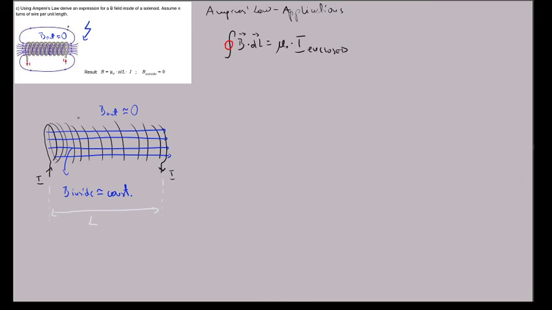Here's what we'll do. We're going to take a little segment. The loop we'll take this time is just going to look like this. This is going to be our loop.